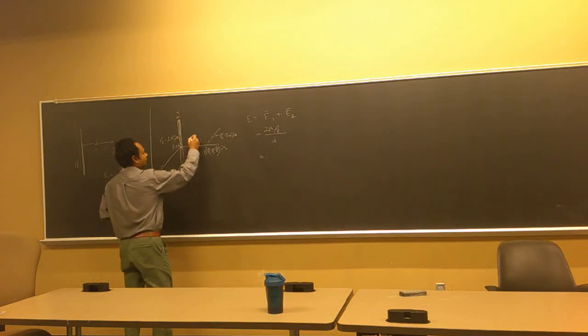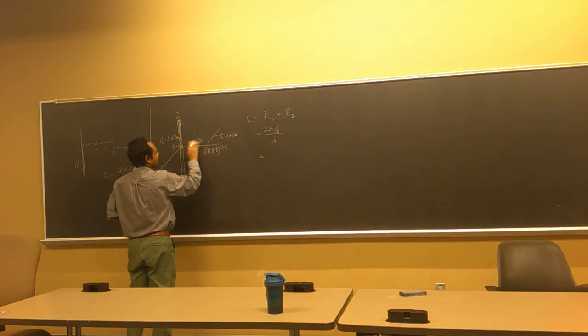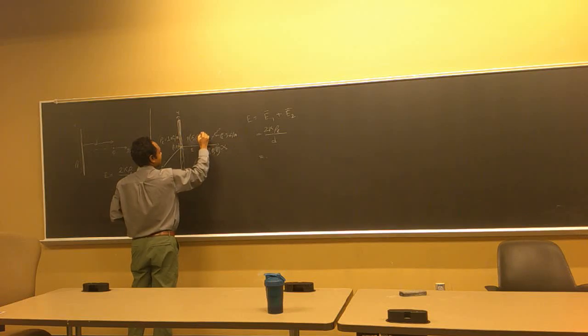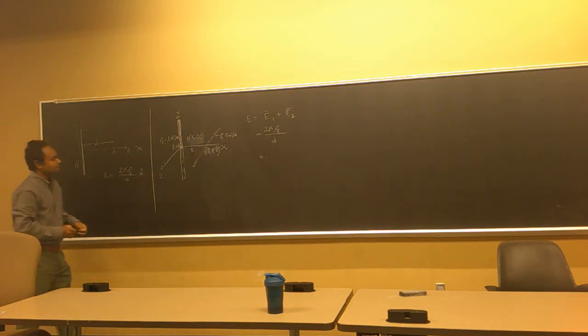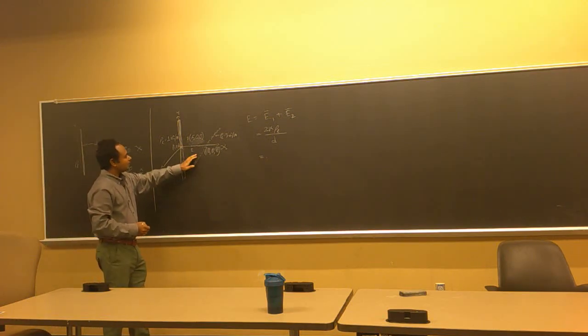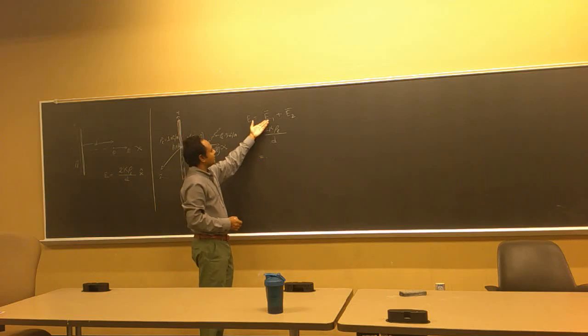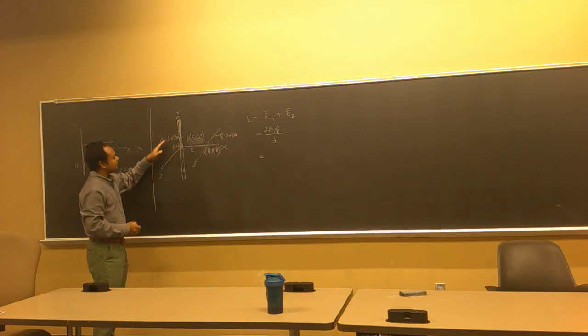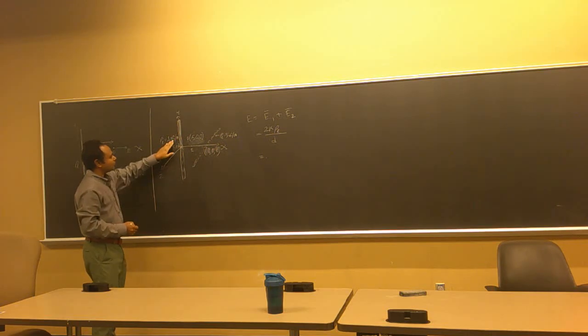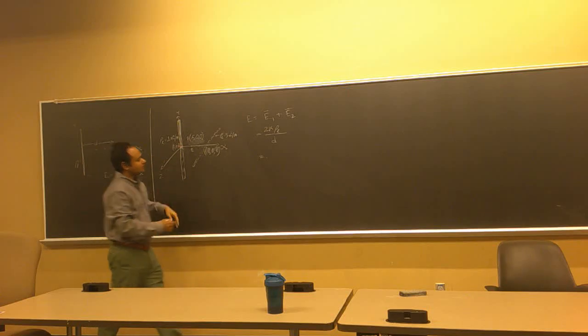So in our case, the P point, which is of interest, has a coordinate of 5, 0, 0. Okay? So if we try to calculate the component electric field E1, we know that the corresponding rho L would be 1 nanocoulomb per meter.